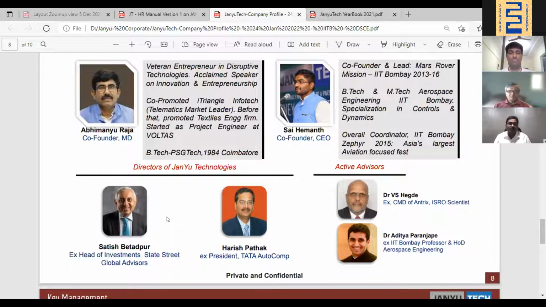Similarly, Tata Autocomp, a subsidiary of Tata Sons, he grew from around a 2,000 crore company to a 12,000 crore company within the Tata system of things, which is quite a challenge.